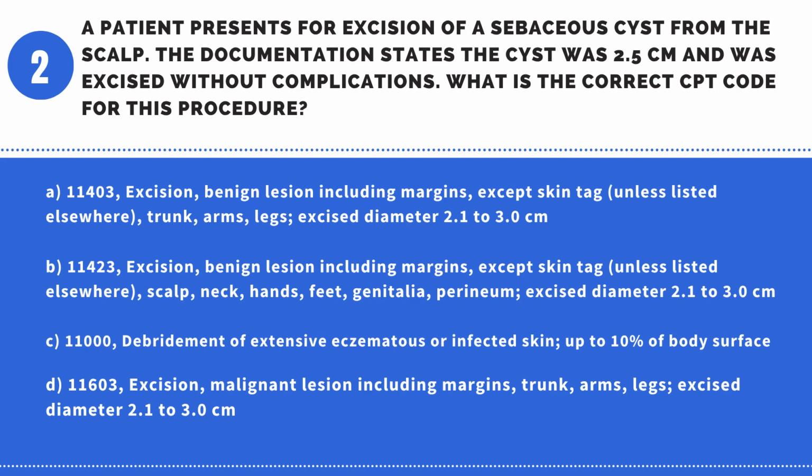Excised diameter 2.1 to 3.0 centimeters. C. 11000, debridement of extensive eczematous or infected skin, up to 10% of body surface. D. 11603, excision, malignant lesion including margins, trunk, arms, legs, excised diameter 2.1 to 3.0 centimeters.